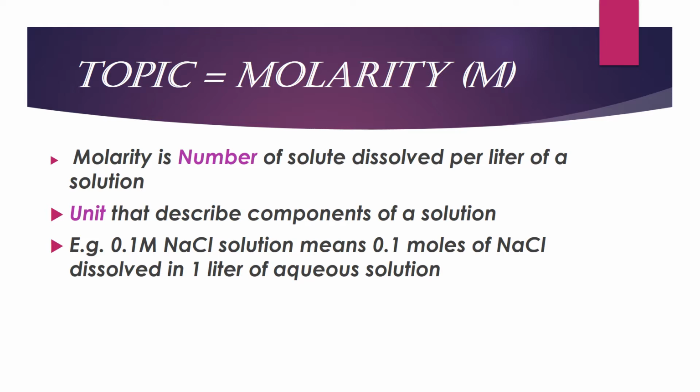It means 0.1 moles of sodium chloride are dissolved in 1 liter of aqueous solution. If a person says there is 1 mole of sodium chloride in the solution, it means 1 mole of sodium chloride is dissolved in 1 liter of aqueous solution. So this is actually the molarity.